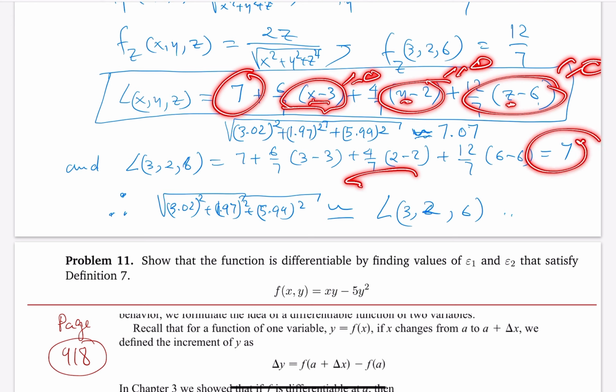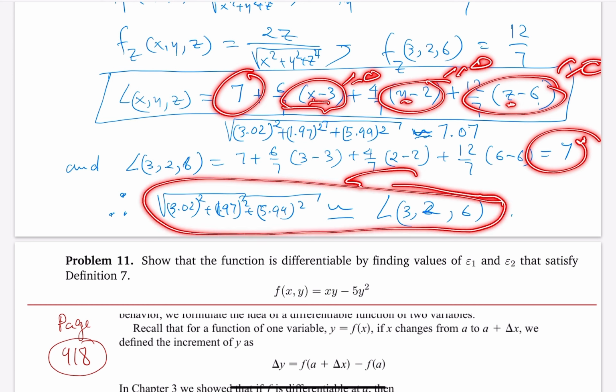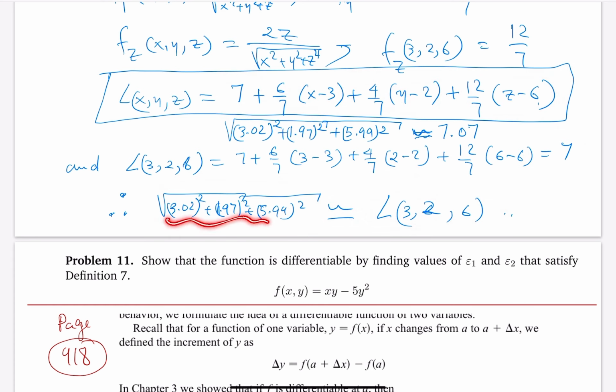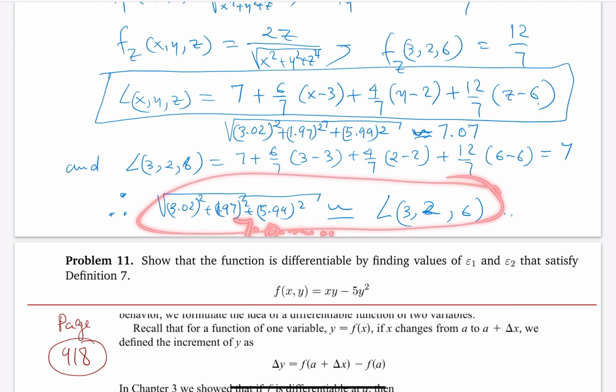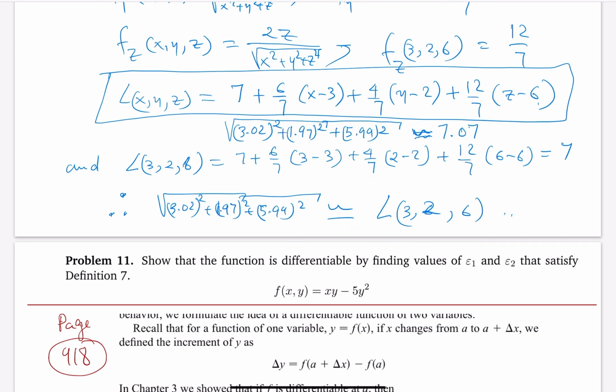Now, for a linear approximation, this one has to be approximately equal to this one. Why? Because if you check, this one is 7.0 something. That's why it's approximately equal to, okay?